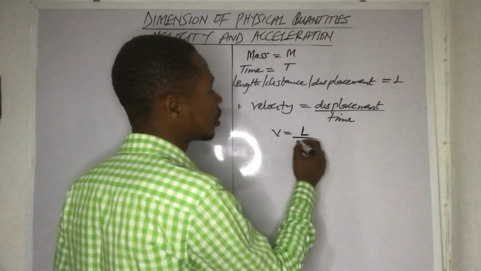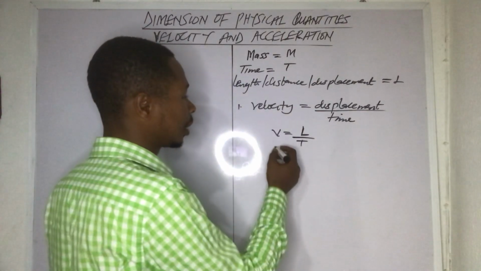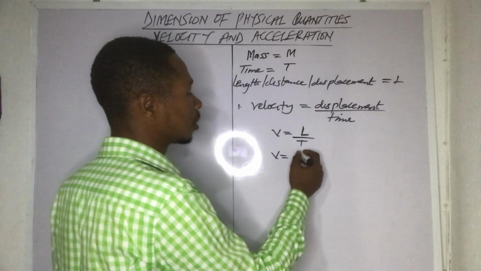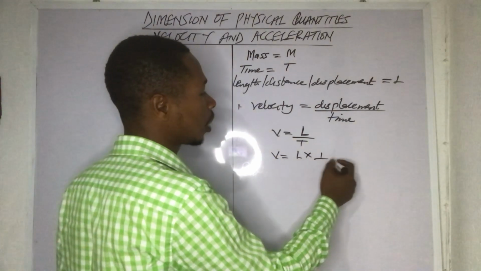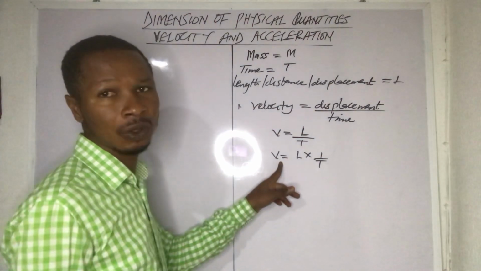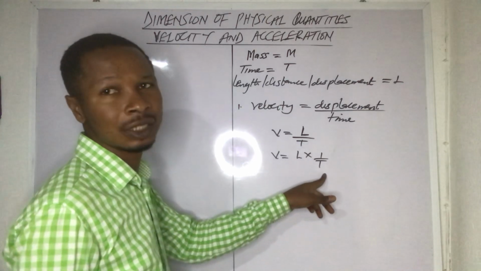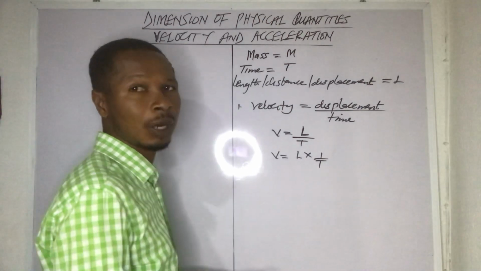Then time with t. If I simplify this further, I can write v is equal to L times 1 over t. And 1 over t in indices is the same thing as t raised to power minus 1.